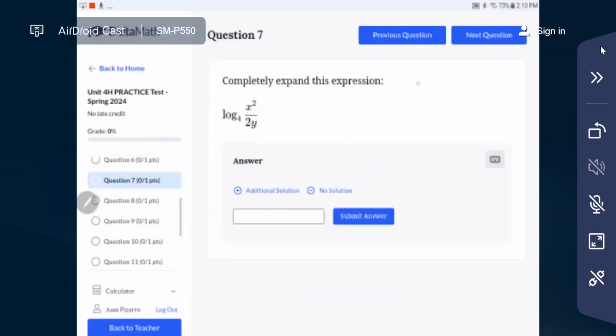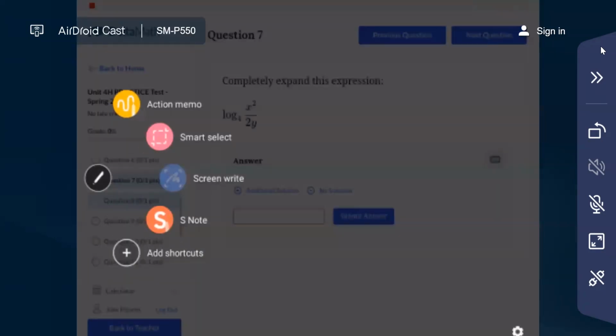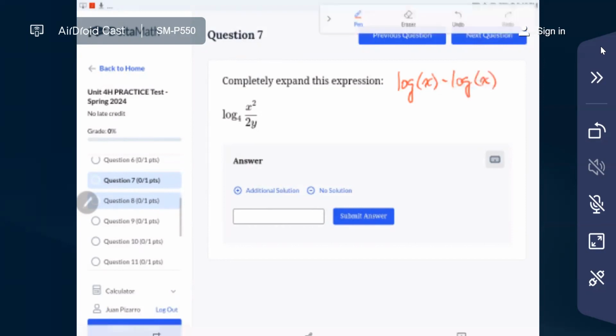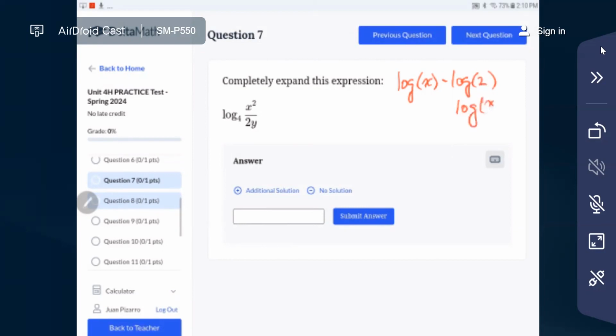So this is our property, which said that when we're subtracting logs, they turn into log of x over 2, or it goes the reverse way.